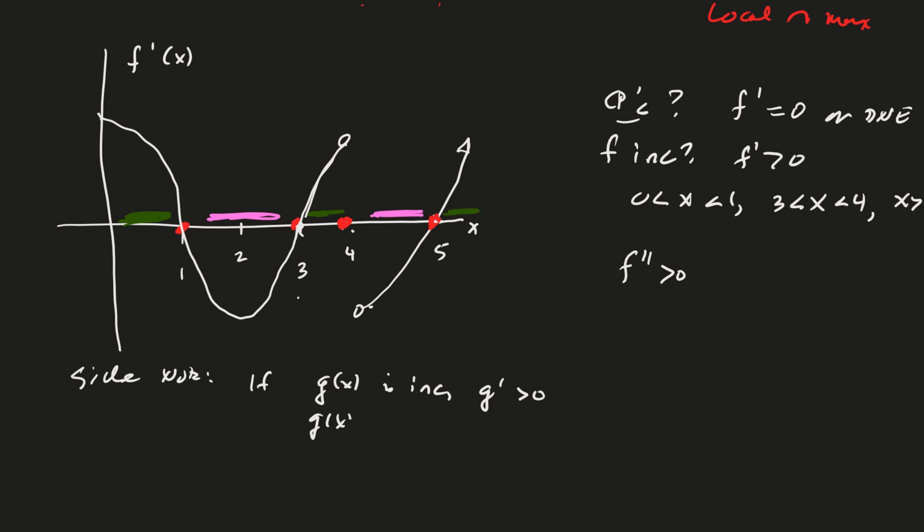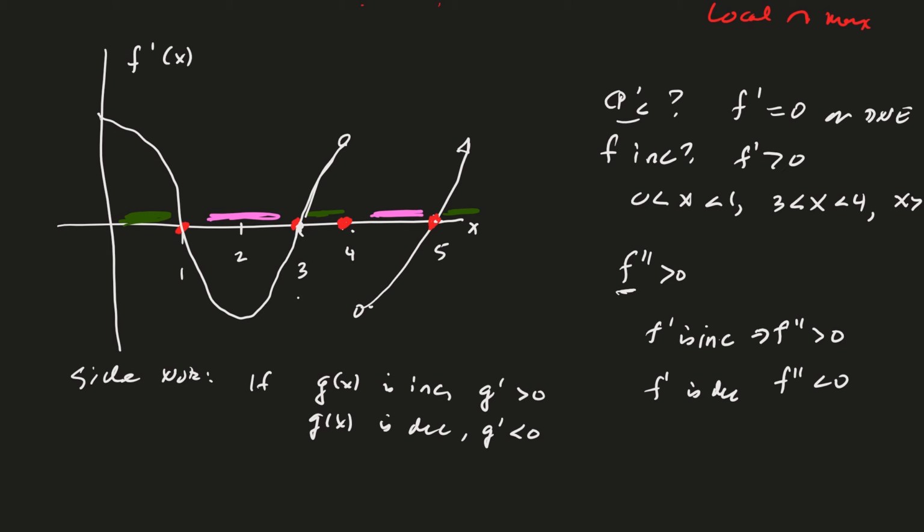And if g of x is decreasing, g prime is less than 0. So now, what happens if we replace g by f double prime? Then what we'll say is f double prime is positive if f prime is increasing, and f double prime is negative if f prime is decreasing. Good. And so that'll be straightforward to show here.